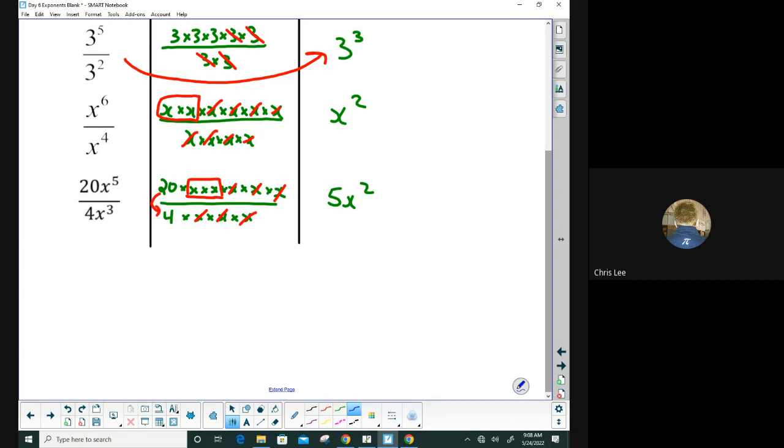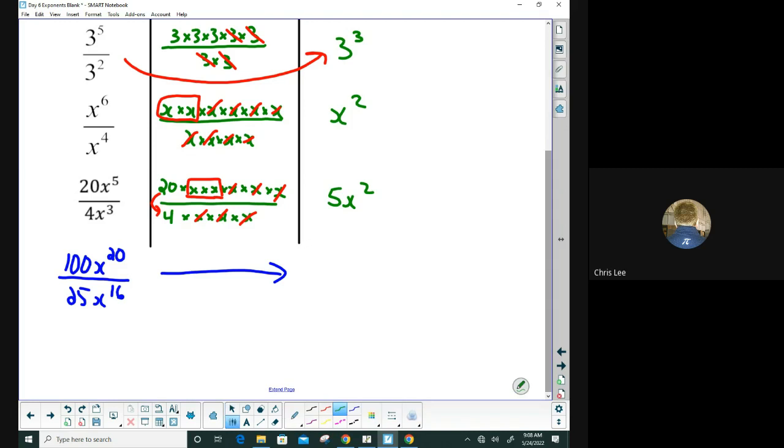So if I have 100 x to the power of 20 divided by 25 x to the power of 16, I don't want to have to write that out 20 times and 16 times. Let's skip that part and go straight to an answer.